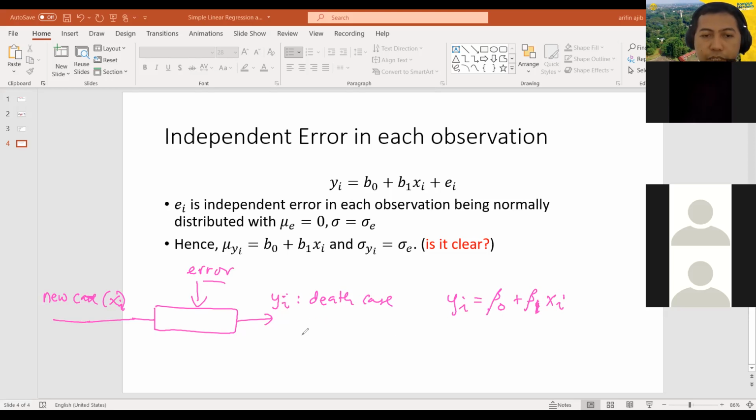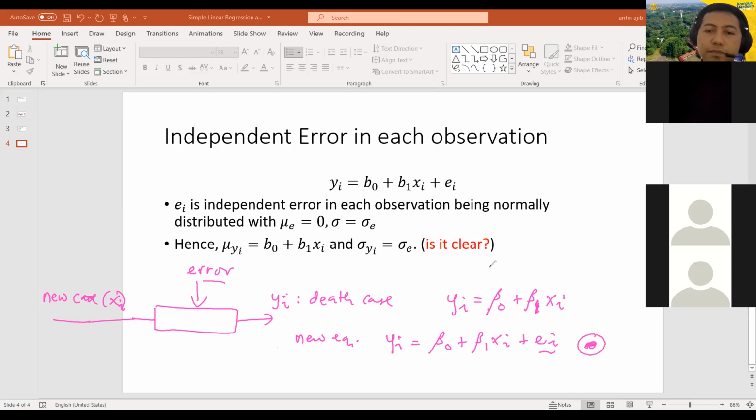So the equation become the new equations: yi equal to b0 plus b1 xi, this is still constant, plus error. This error. Until this point is clear?